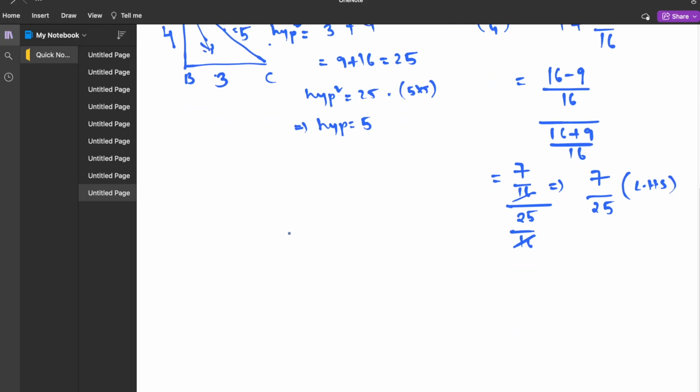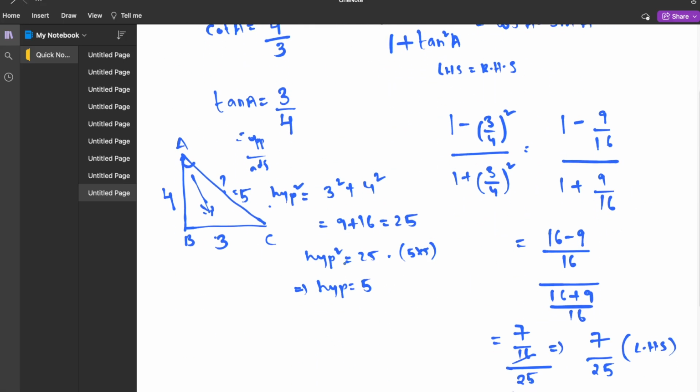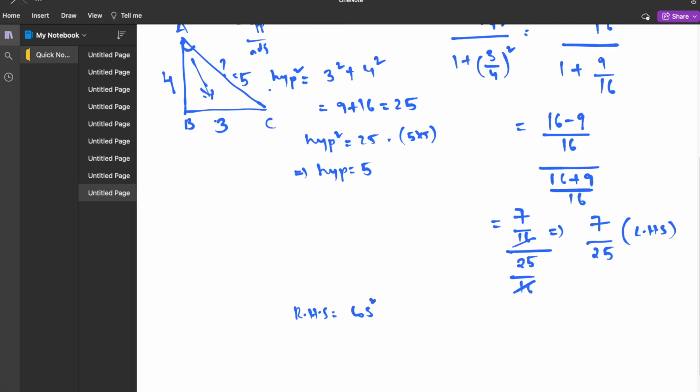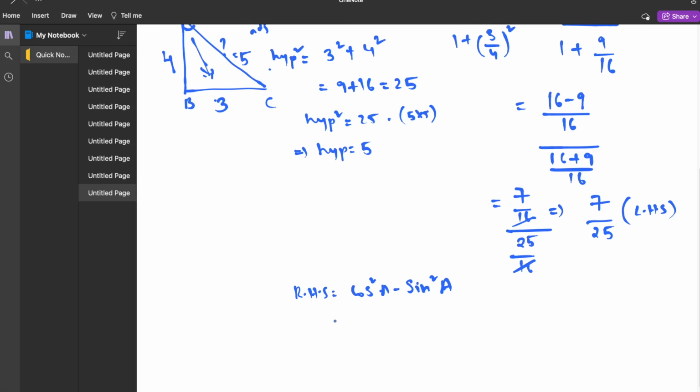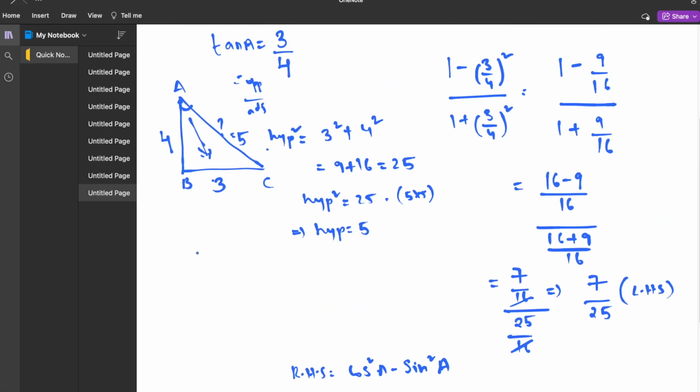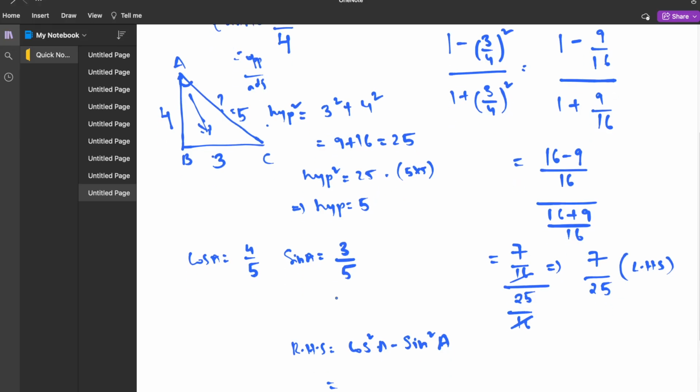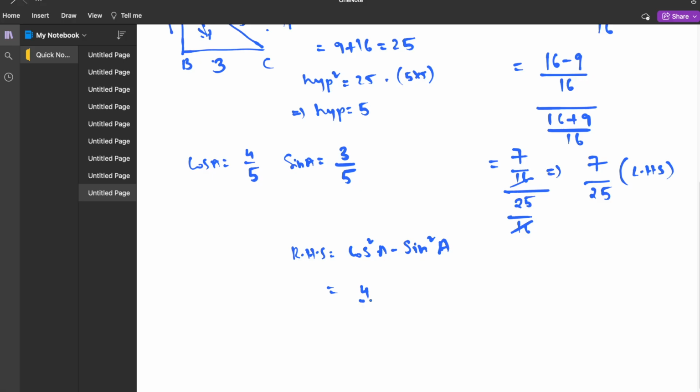Now let's solve RHS, that is cos² A minus sin² A. What is cos² A? Cos A is adjacent by hypotenuse. Sin A is opposite by hypotenuse. So cos² A is (4 by 5) whole square minus sin² A, (3 by 5) whole square.